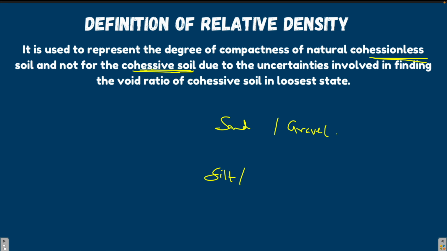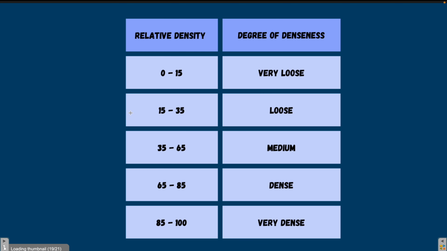It is not applicable. Why so? Because the void ratio of the cohesive soil in loose state is very difficult to find. We cannot find it experimentally. That means we cannot find e max experimentally.